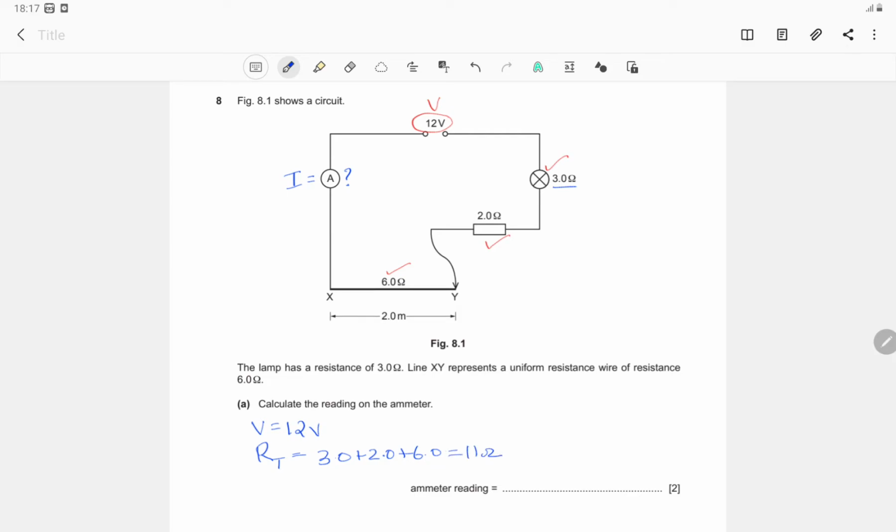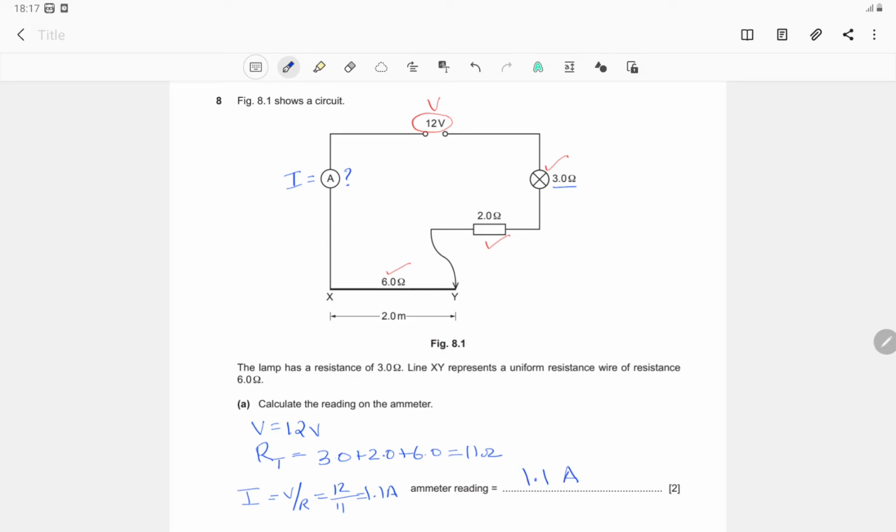Now we have V and R, so you can find out the current in the circuit. Here you have to use Ohm's law equation, I is equal to V over R. That is 12 over 11, and the answer you will get is 1.1 ampere. So the answer is 1.1 ampere.